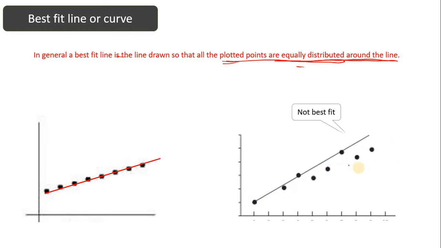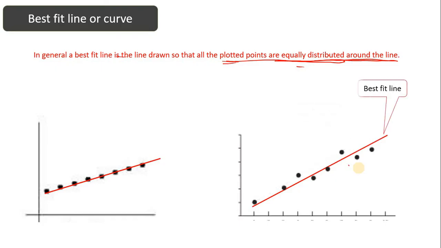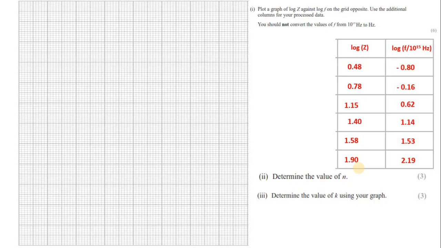If you draw this line, you have more points below the line but no point above the line, so points are not equally distributed, and it is also not a best fit line. But you need to visualize a line something like that, where approximately all the points are equally distributed. This is called the best fit line. So use this idea. Let's go back to our question.